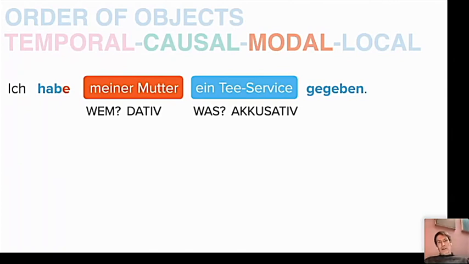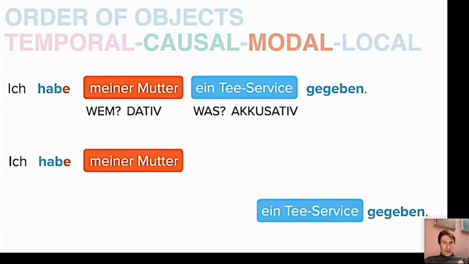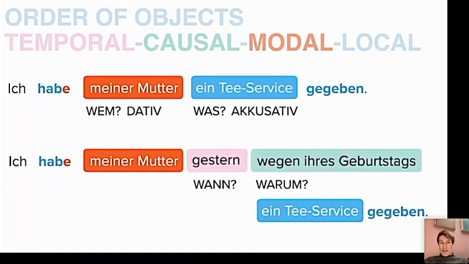Now, why all the fancy Latin words, you might wonder. Here is your answer. We can, of course, put a lot of information into every sentence. One could be information about time: yesterday, when.